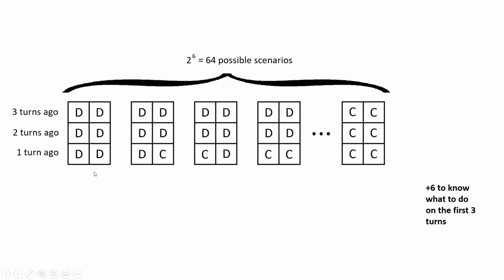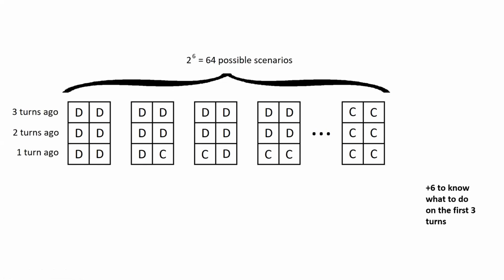What am I going to do next? That's one possible scenario. Then another possible scenario is this one right here. There are 6 different boxes that can be filled in, each one with 2 possible ways, D or C.